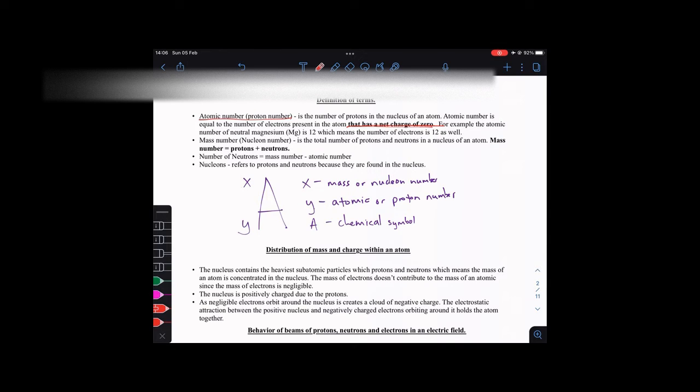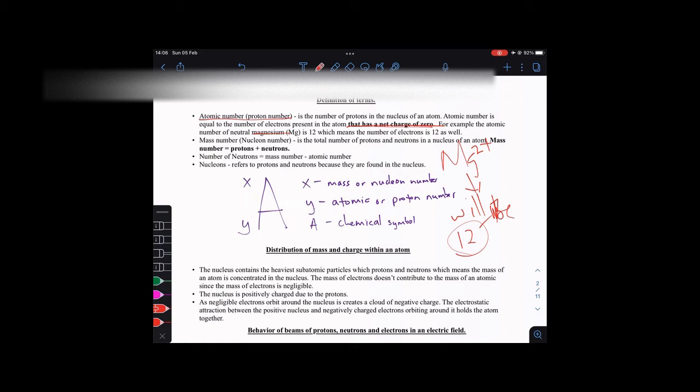For example, the atomic number of magnesium is 12. So if the magnesium is neutral, atomic number 12 means the number of electrons is 12 as well. But let's say we have magnesium 2 plus, then the proton number will still be 12, because to get 2 plus, we have to lose 2 electrons, so the number of electrons won't be 12.